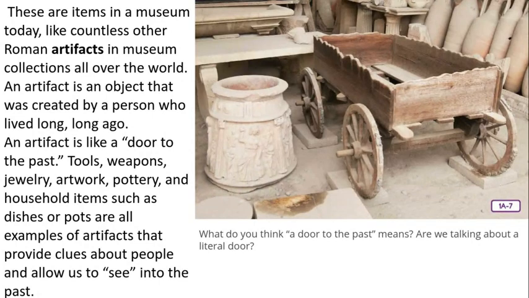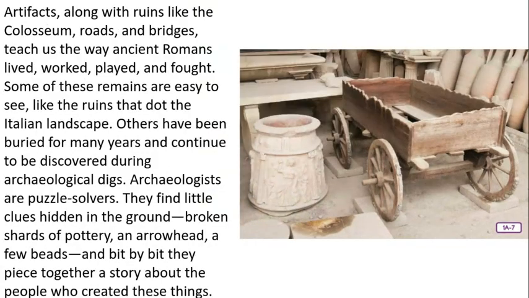Tools, weapons, jewelry, artwork, pottery, and household items such as dishes or pots are all examples of artifacts that provide clues about people and allow us to see into the past. Artifacts, along with ruins like the Colosseum, roads, and bridges, teach us the way ancient Romans lived, worked, played, and fought.